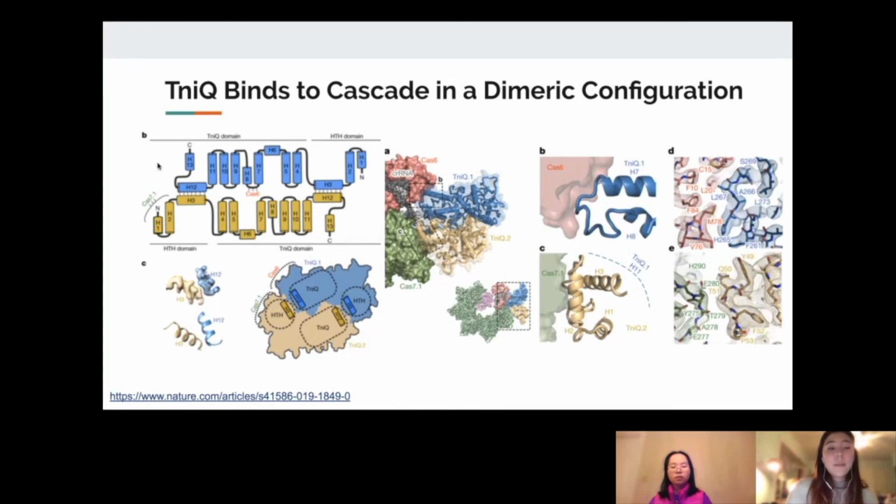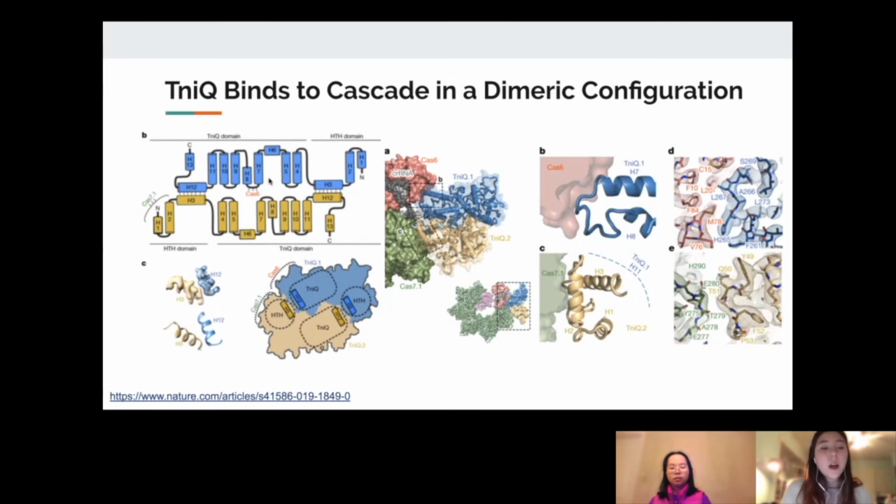So these are lined up asymmetrically. They're lined up head to tail with the C terminal of one protein aligned with the N terminal of another, and vice versa on the other side. In this way, we can see the structure that the TNIQ takes when it's forming a dimer to be bound to the cascade complex.